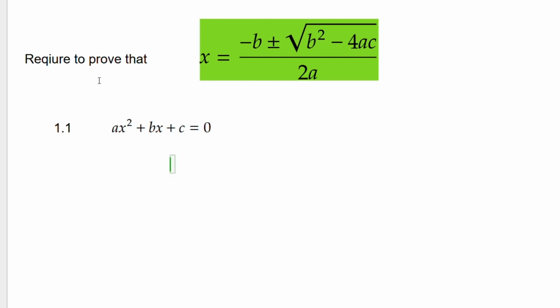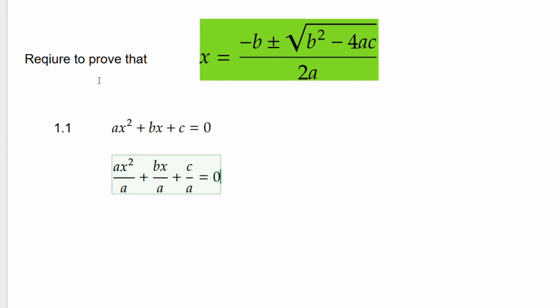First of all, we're going to divide everything by a. So it's going to be ax squared divided by a, plus bx divided by a, plus c divided by a, is equal to 0.